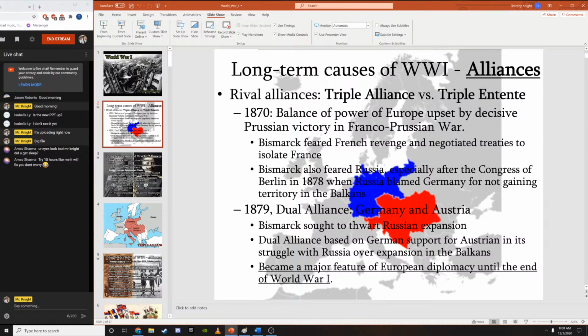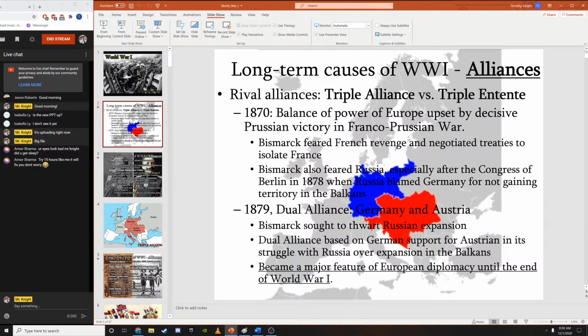Bismarck doesn't want to see Russia expanding into Austrian territory. And this dual alliance was based on German support for Austria in its struggle with Russia over expansion in the Balkans, which, if you're looking at this map of Europe in the background, is down in this region over here.